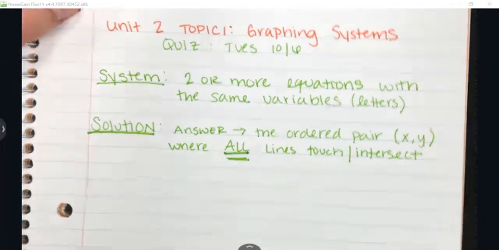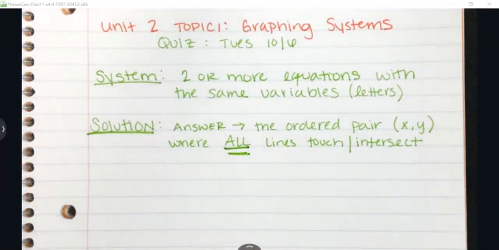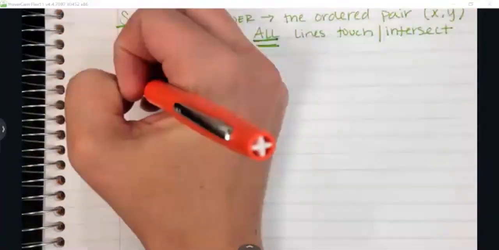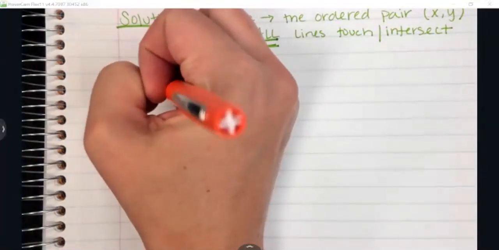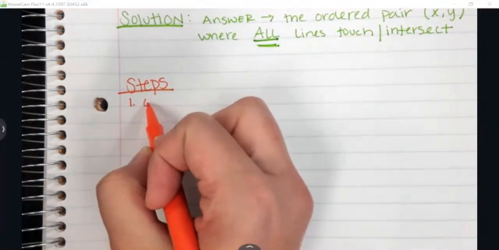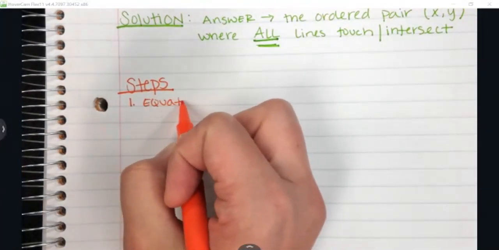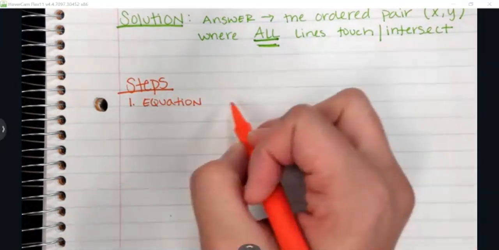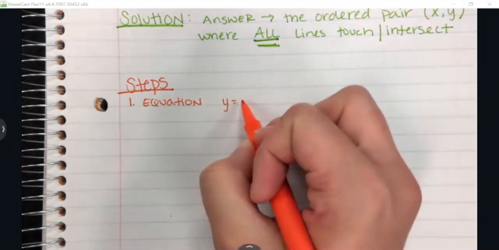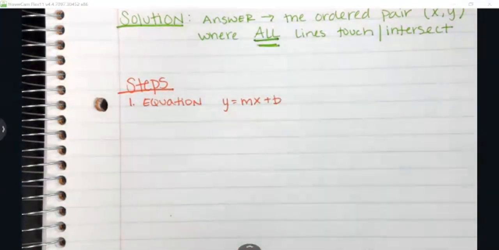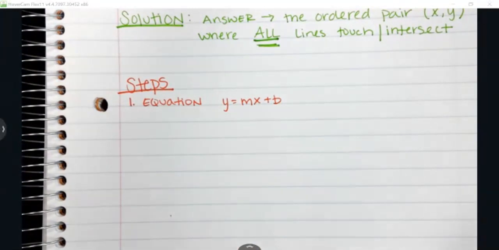If you are a person who likes steps, then here are your 3 steps when graphing a system. Number 1, your equation must start with a y. You don't know how to graph otherwise. So it has to be in slope form, y equals mx plus b, which is what your homework was last night.